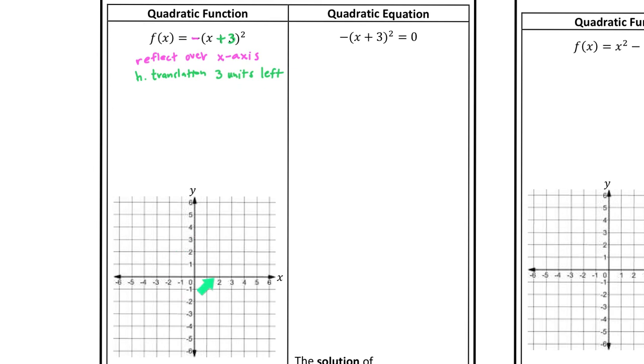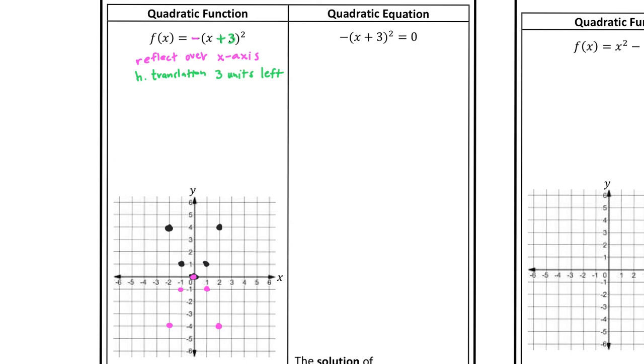So if I'm going to graph down here, if I have my parent function points, that's 0, 0, 1, 1, 2, 4, negative 1, 1, negative 2, 4. And so there's a reflection. So these pink points are just showing the reflection. So the black parent points are now reflected downward, and then there's a horizontal translation 3 units to the left.